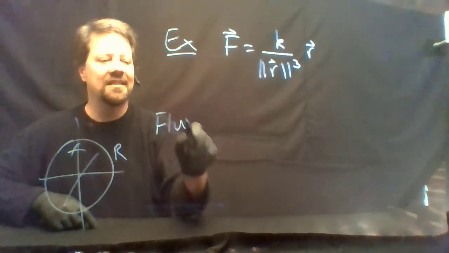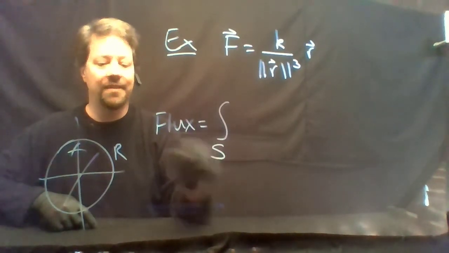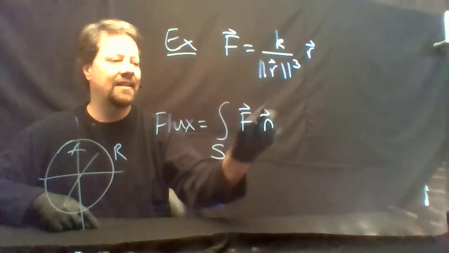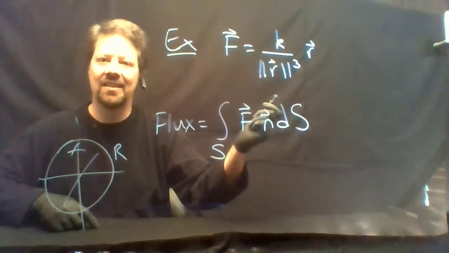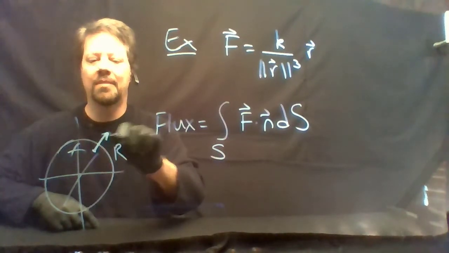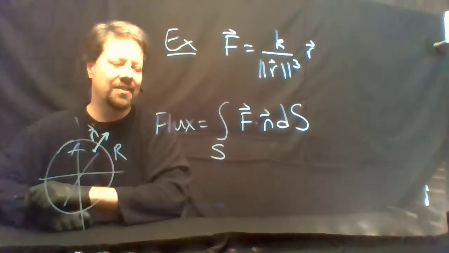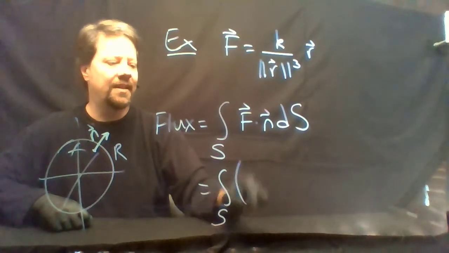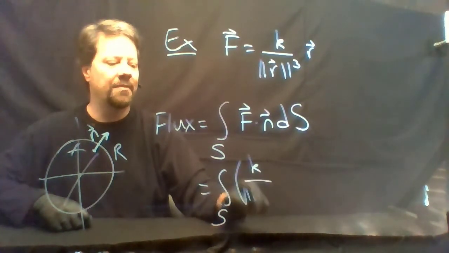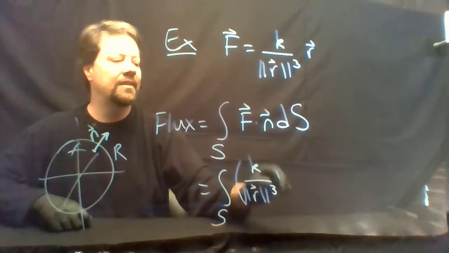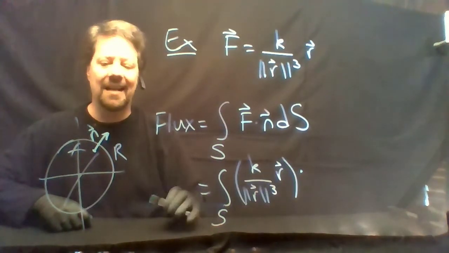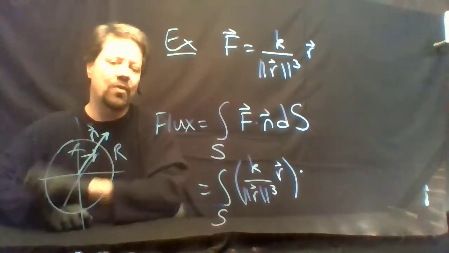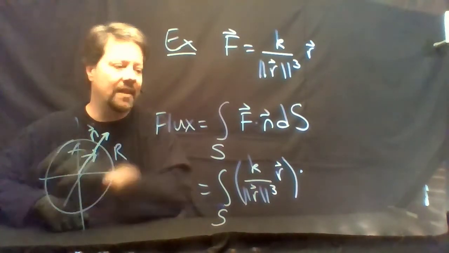The flux is the integral over the surface of F dot n dS, where n is the unit normal on the surface. This is the integral on the surface of k over the norm of the position vector cubed times r dotted with the normal vector, but the position vector and the normal vector point in the same direction.